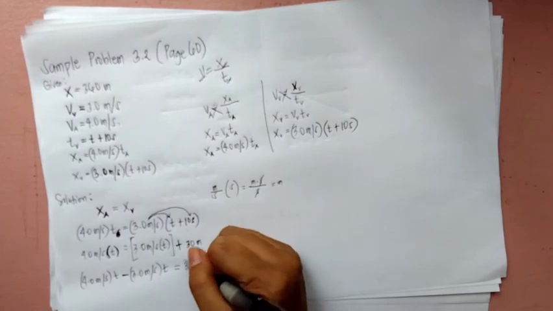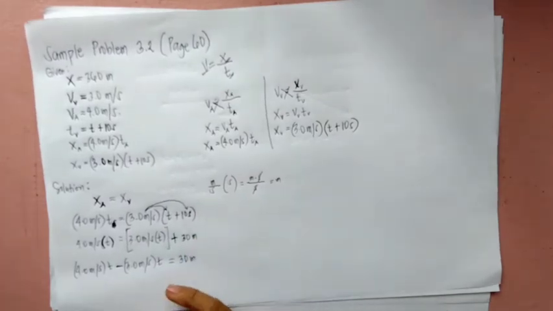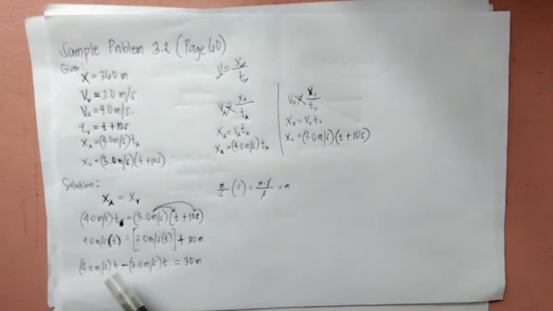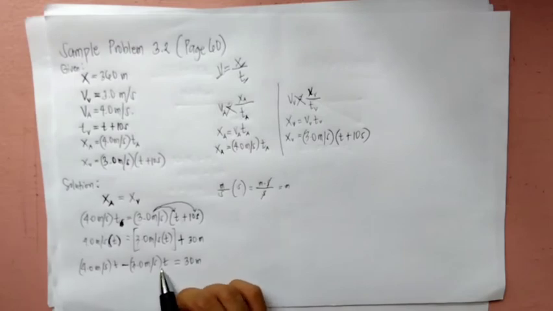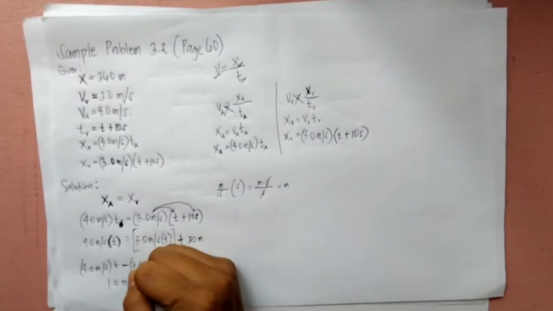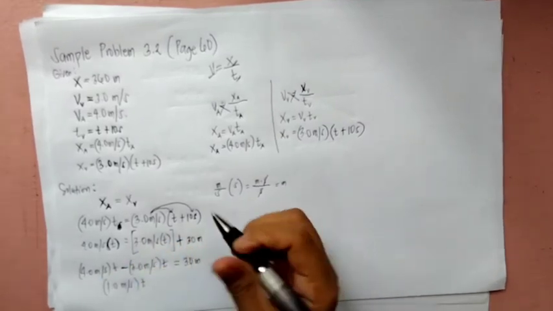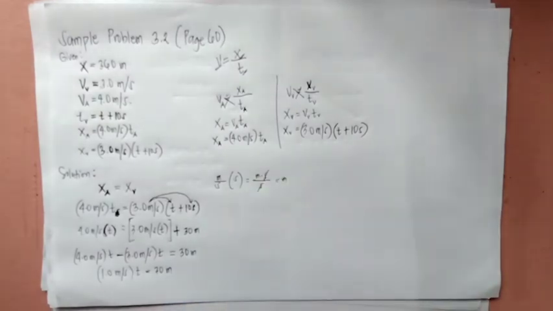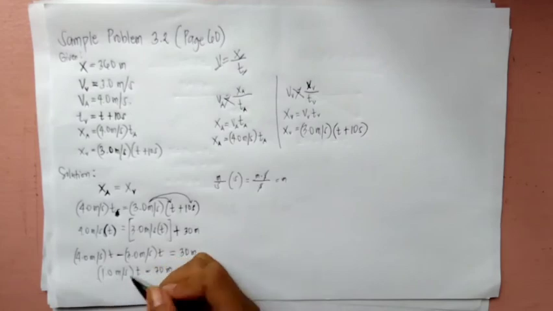What's left in the right side is 30 meters. So as you can see, we have the same terms. 4 meters per second t minus 3 meters per second t is 1 meter per second t. Copy 30 meters. What are we looking for? We are looking for the value of t.